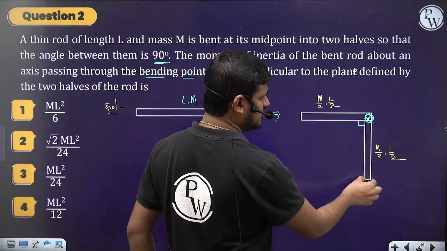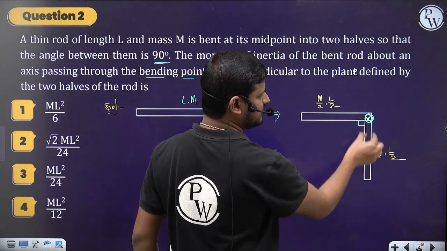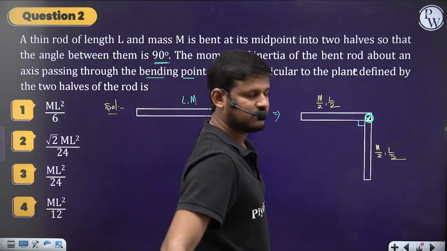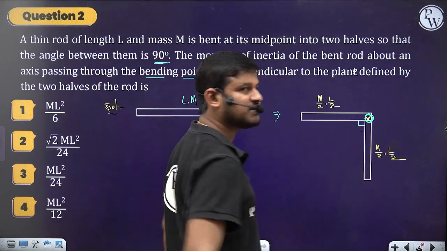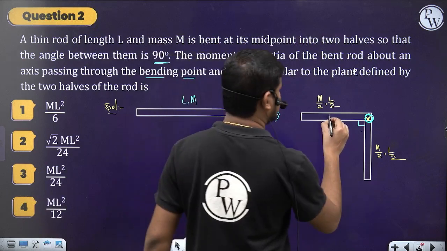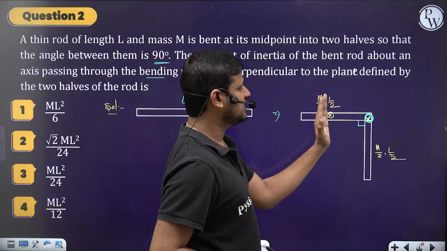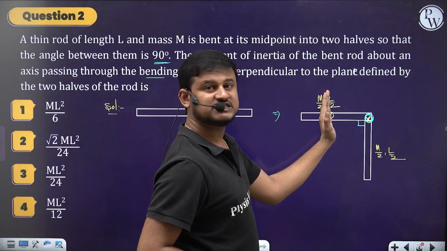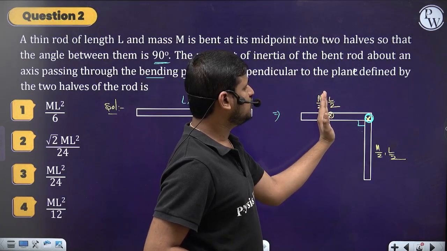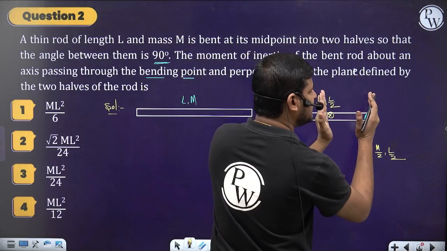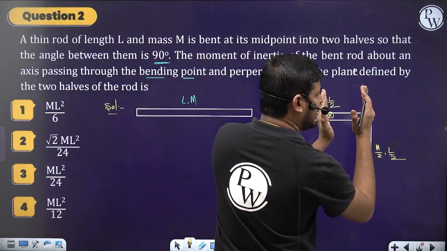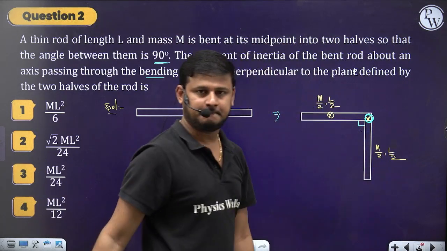About its center of mass we already know, right? What is it about its center of mass? ml square by 12. Now this axis will be at the end, right? So end means ml square by 3.